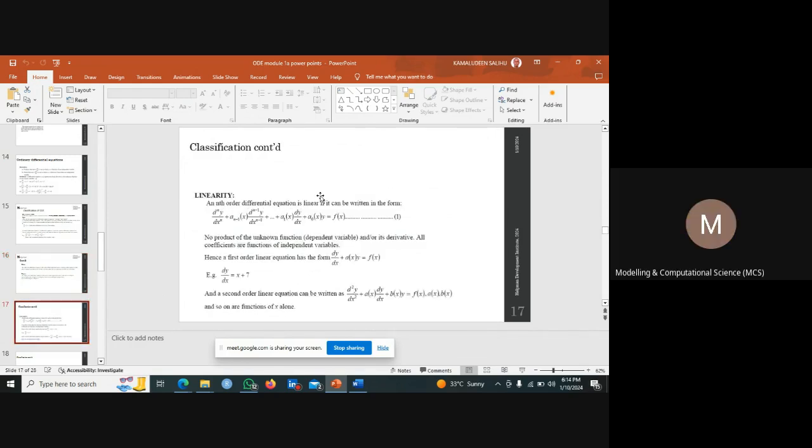Now we have linearity. An nth order differential equation is linear if it can be written in this form.